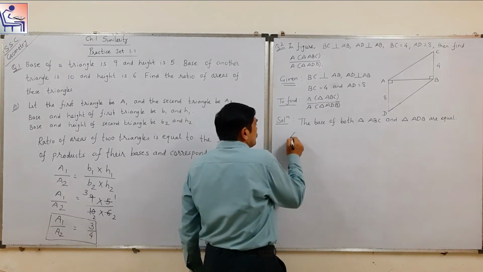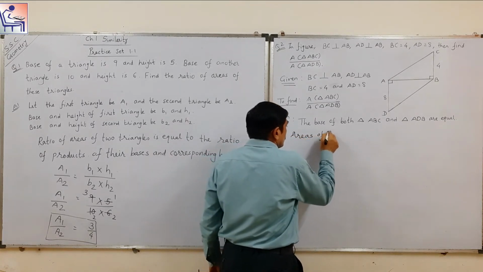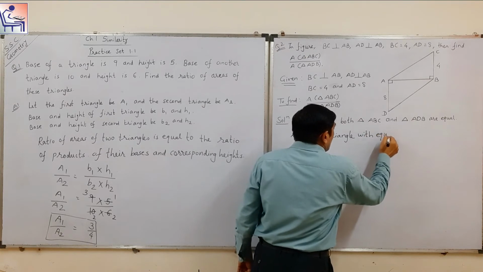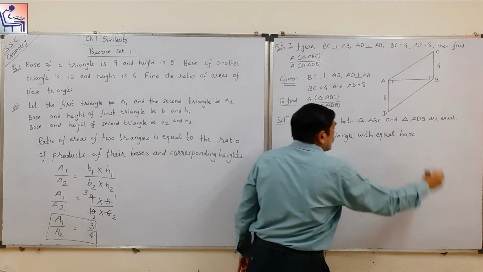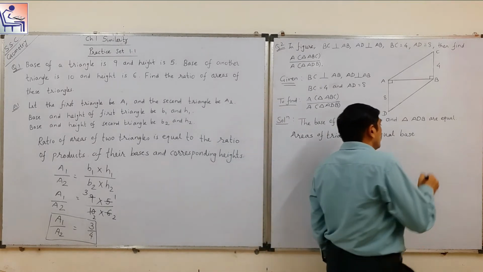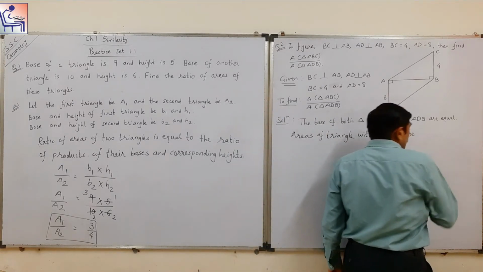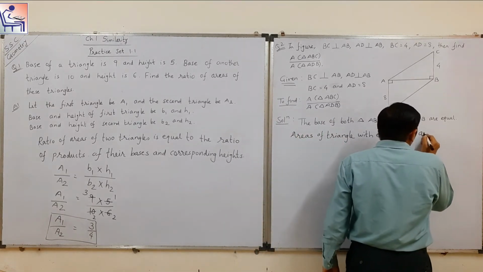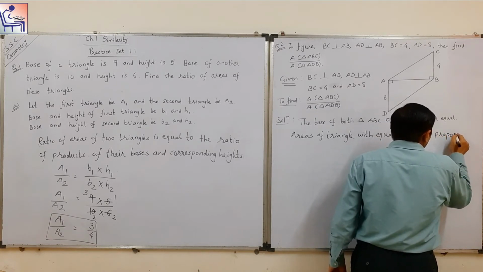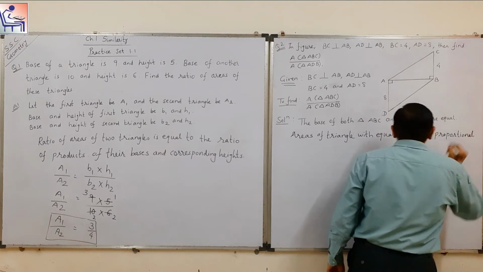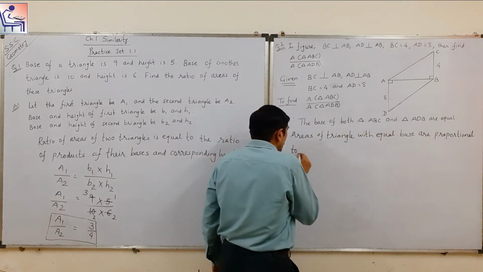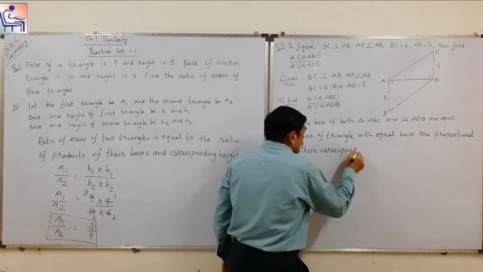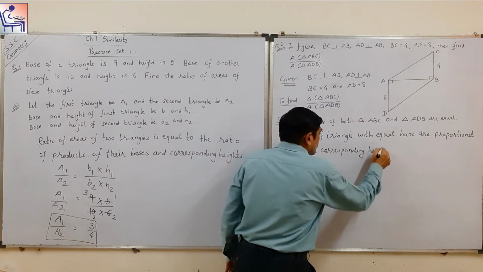Areas of triangles with equal base are proportional to their corresponding heights.